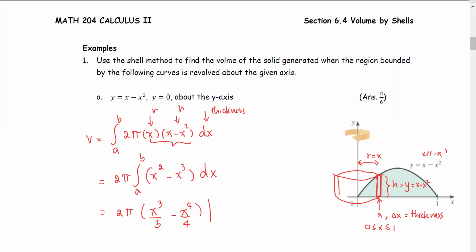In our case, a is 0 and b is 1. Next, replace the value of the upper limit and lower limit to find the final solution. So 1 over 3 minus 1 over 4 from substituting the upper limit, subtracted by 0 minus 0 from using the lower limit. Therefore, the final result would be pi over 6.